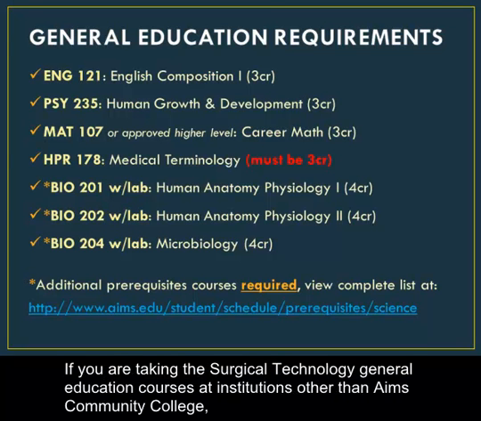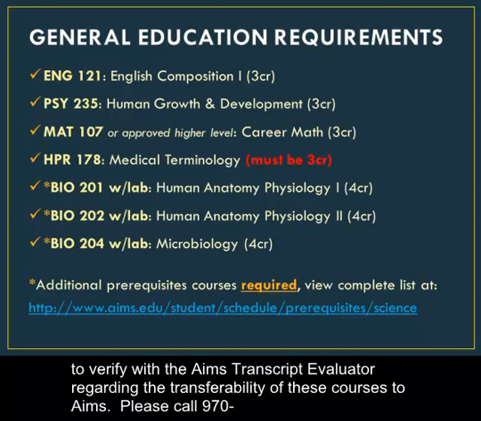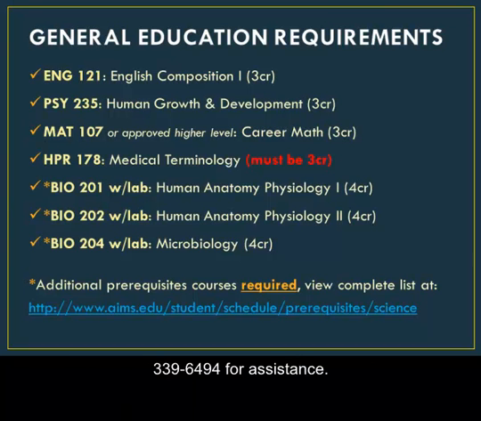If you are taking the Surgical Technology General Education courses at institutions other than Ames Community College, it is your responsibility to verify with the Ames Transcript Evaluator regarding the transferability of these courses to Ames. Please call 970-339-6494 for assistance.